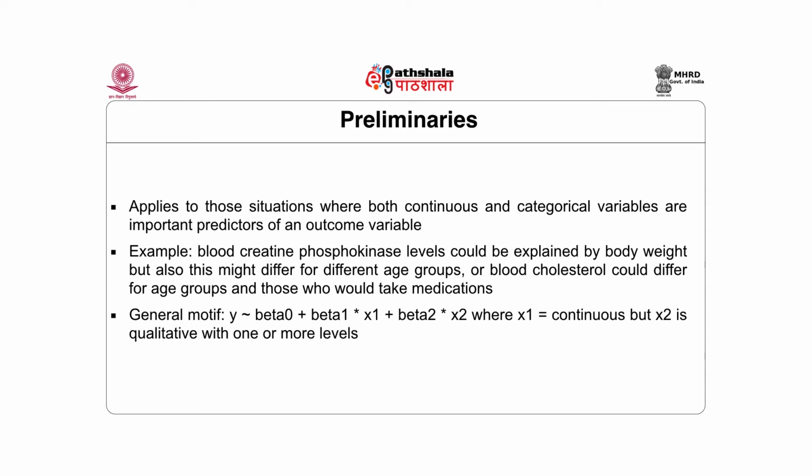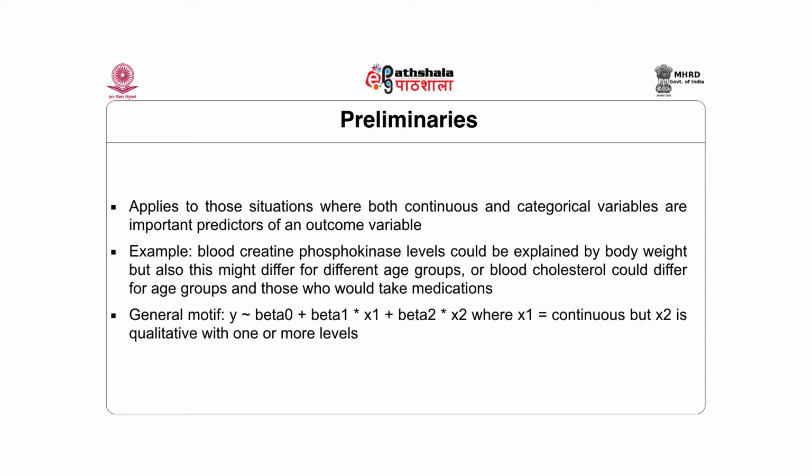So the preliminaries are that we're going to apply whatever we learn here to those situations where both continuous and categorical variables are important predictors of an outcome variable. As I explained, if you have length of stay as a variable and you've got two different explanatory variables, one being, say, gender, the other being, say, a dosage of a certain medication, then that would be an example of this.